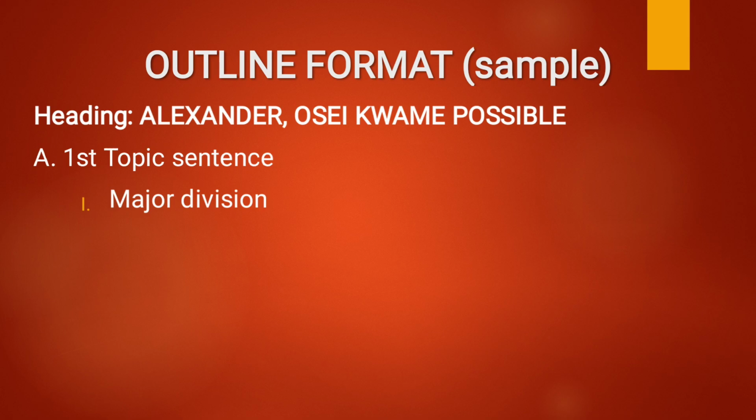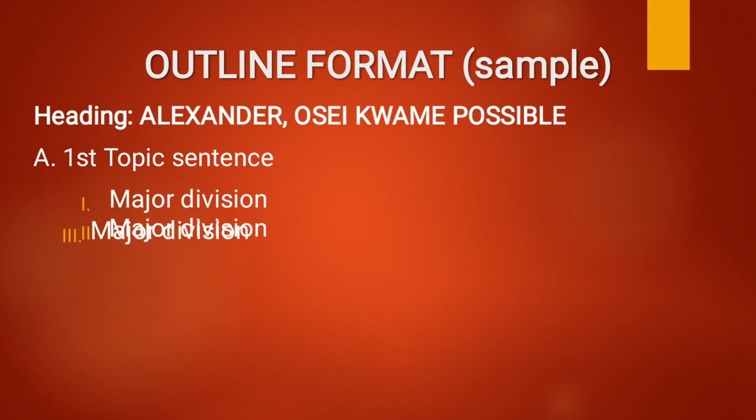I'm going to use I, Roman numerals, capital letters for them. The next one will be II. Provided the topic sentence is causes of teenage pregnancy, I is curiosity. The second major division or major supporting sentence, the II, might be poverty.